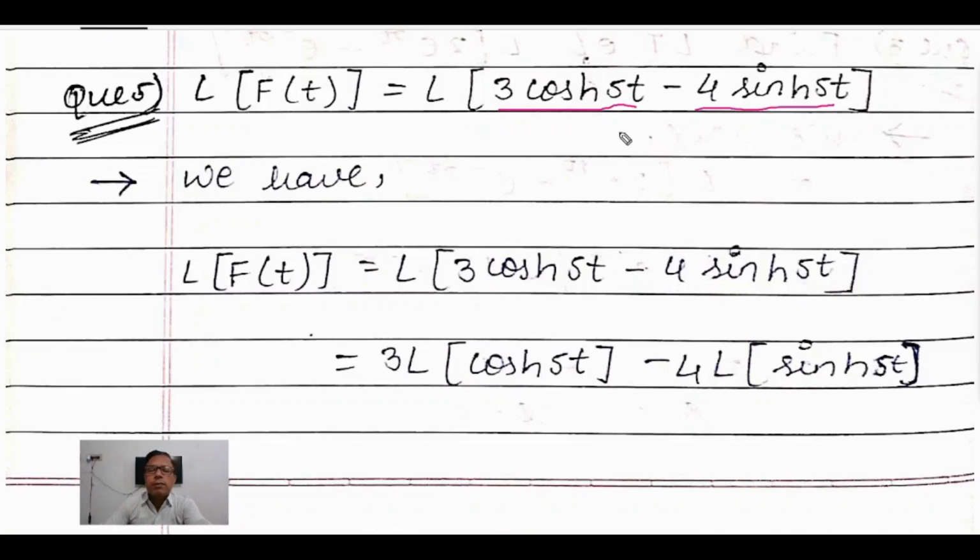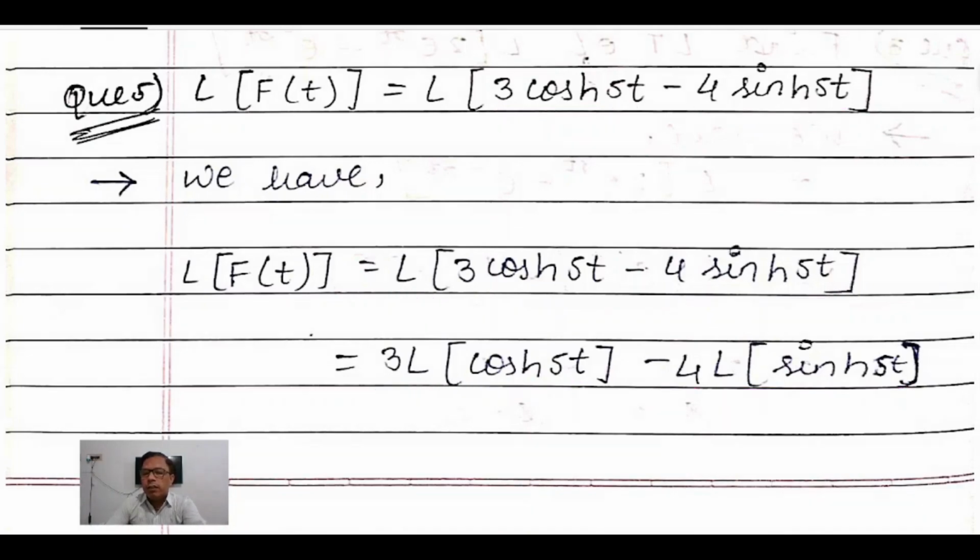Find the Laplace transform of 3 cos hyperbolic 5t minus 4 sin hyperbolic 5t. By the linearity property, this function can be written as 3 Laplace of cos hyperbolic 5t minus 4 Laplace of sin hyperbolic 5t.